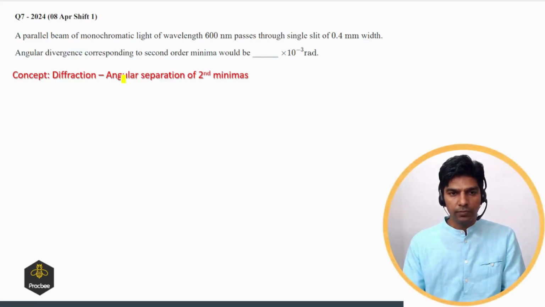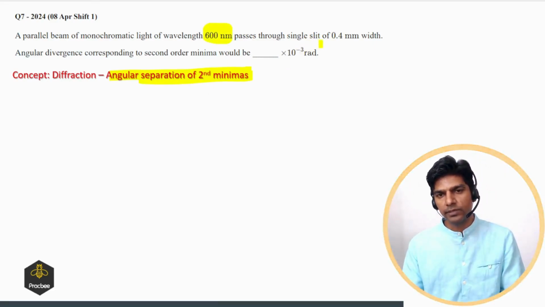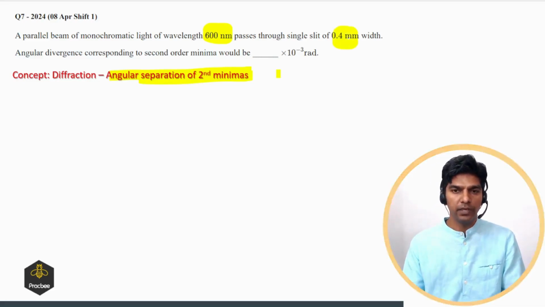Now the next concept is based on the angular spread, the separation of two minima. Let us see the question. A parallel beam of monochromatic light of wavelength 600 nanometer passes through a single slit of width 0.4 millimeter.